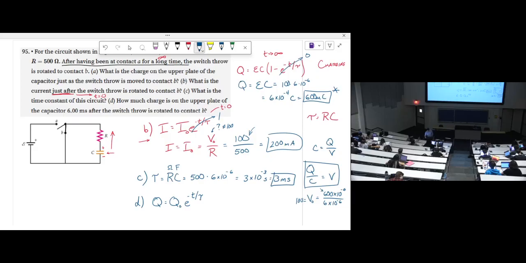And the reason in part B that they had you solve for the time constant, 6 milliseconds divided by 3 milliseconds, is that it's just going to be equal to 2. 6 divided by 3 is 2. So we get 600 times 10 to the minus 6 coulombs times e raised to the minus 2. And this comes out to be equal to 81.2 microcoulombs.